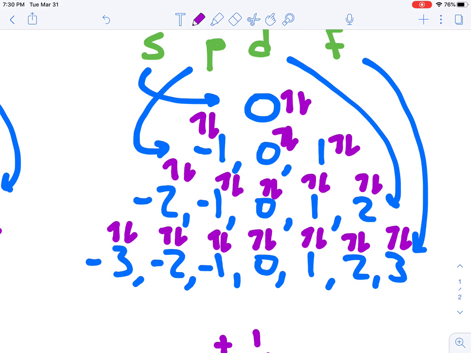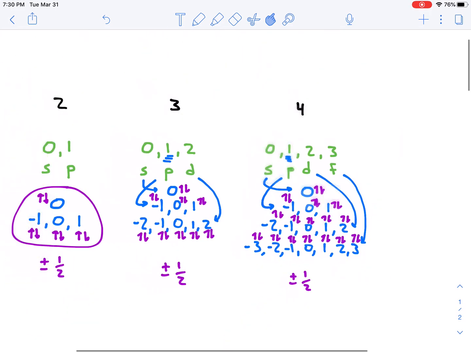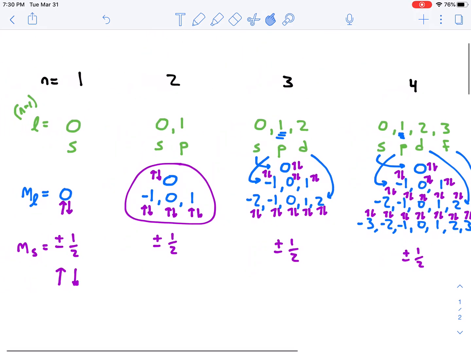And so when we're all said and done, look at what's going on here. Let's count some stuff up for every one of these situations, and then we'll do the problems on your page. So if we look at energy levels in total, in the first energy level, let's count how many total orbitals and how many total electrons we can hold.